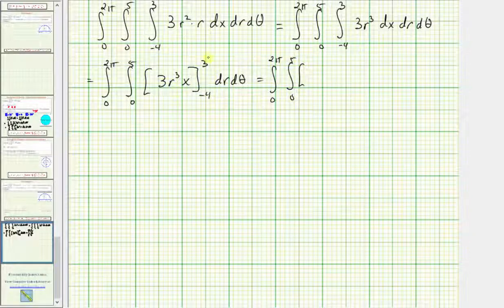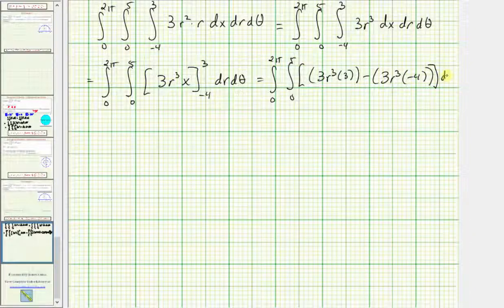When x is 3, we have 3r cubed times 3 minus, when x is -4, we have 3 times r cubed times -4. So we have 9r cubed plus 12r cubed, which gives us 21r cubed.